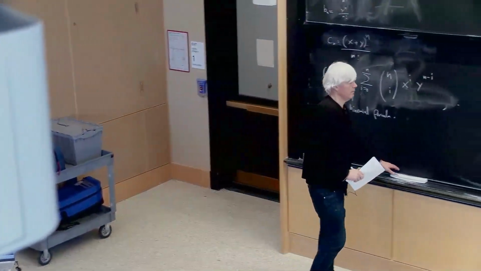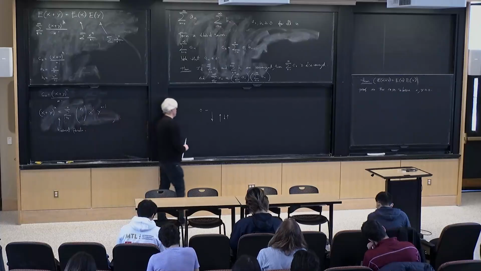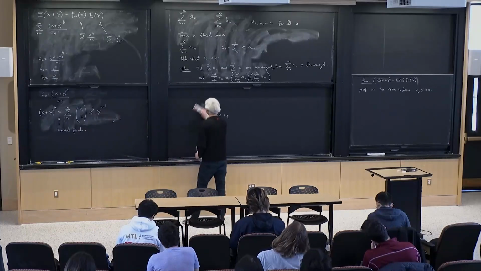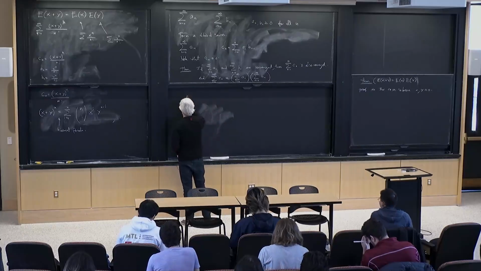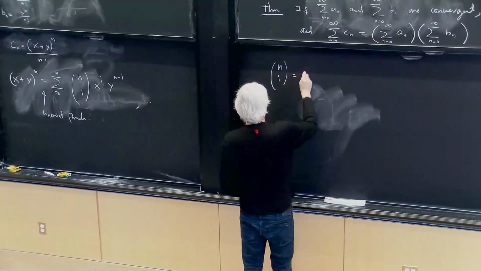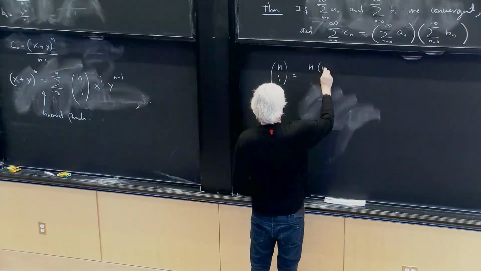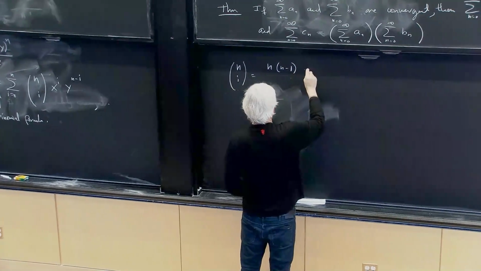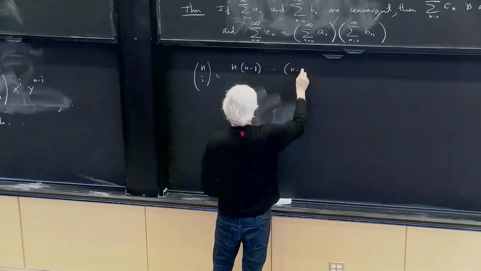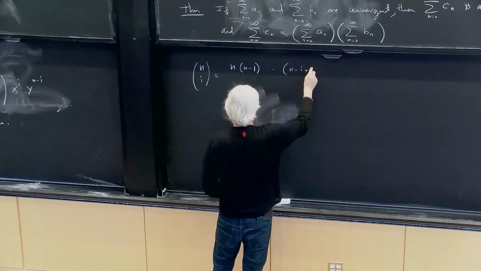Now, what is n choose i? Well, n choose i is just n times (n minus 1) down to (n minus i plus 1).